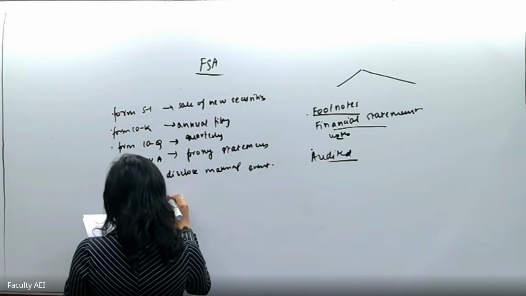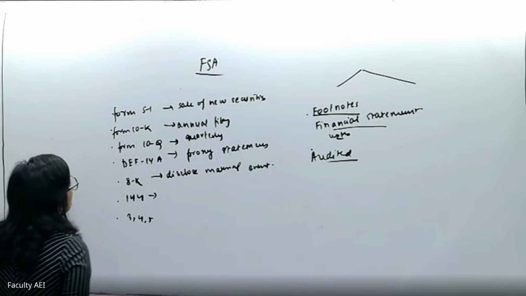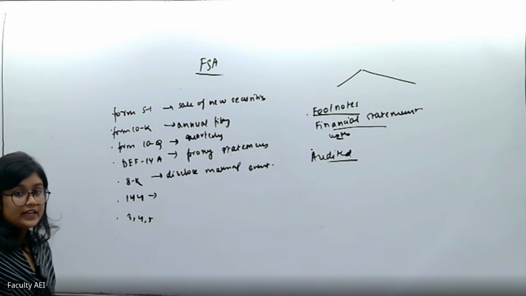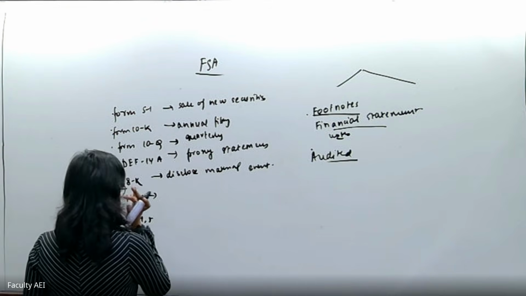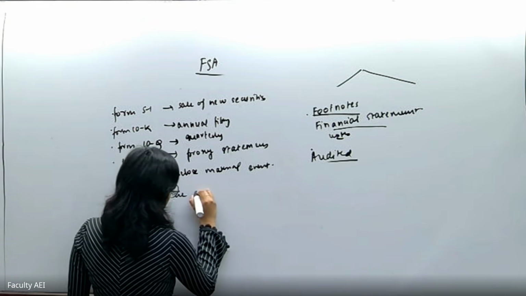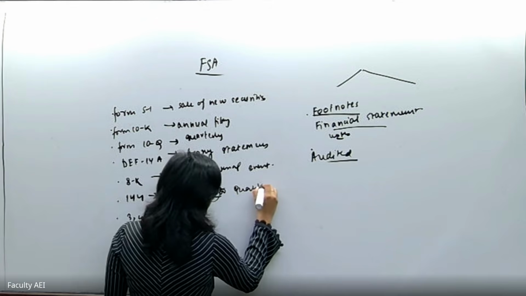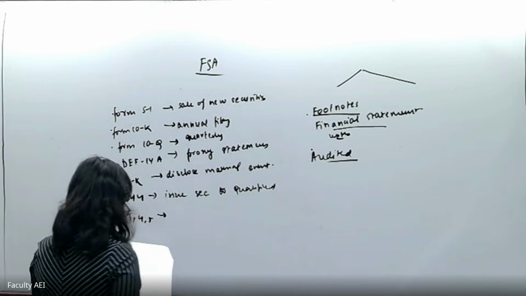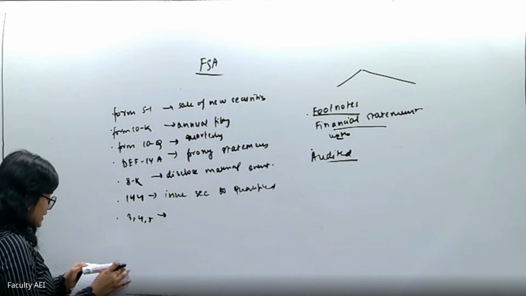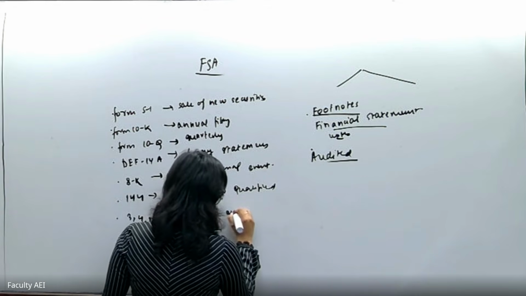Form 144: if the company wants to issue securities to some qualified investors, they do not need to file Form S-1, they can just file Form 144. Now, Forms 3, 4, and 5 involve the beneficial ownership of securities by a company's insiders.